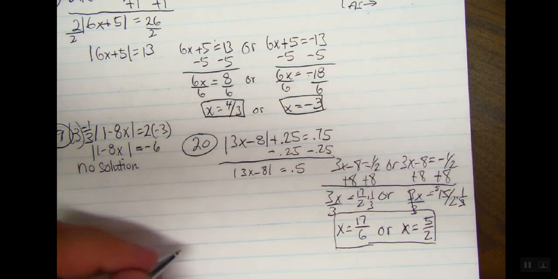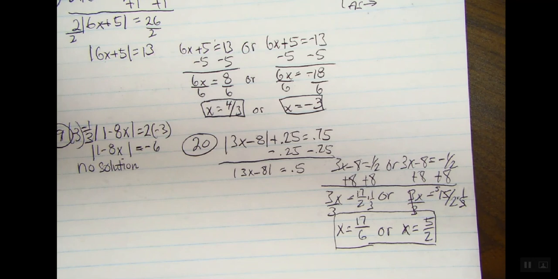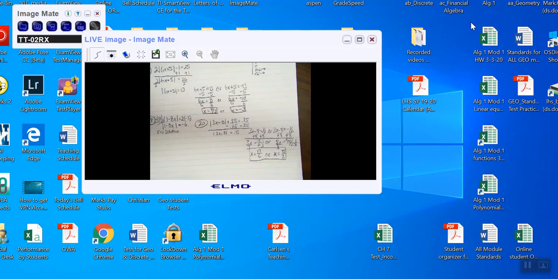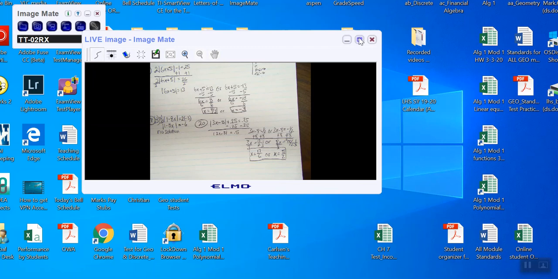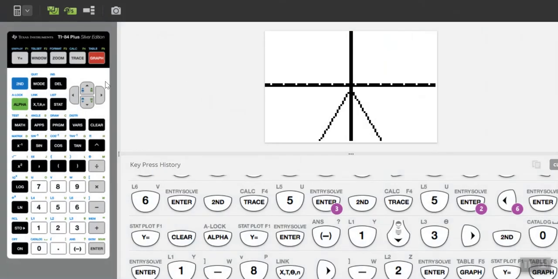Now again, I could plug that in the graphing calculator. Now we're on the graphing calculator, I'm going to first subtract that 0.75 across, so I get 0 over here. So 0.25 minus 0.75 is minus 1/2. Okay, so let's go back to the graphing calculator. Oops, graphing calculator. Here we go.